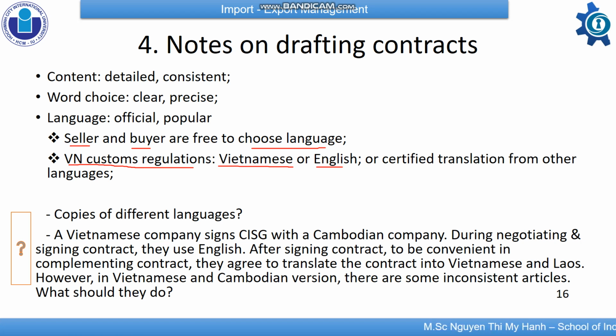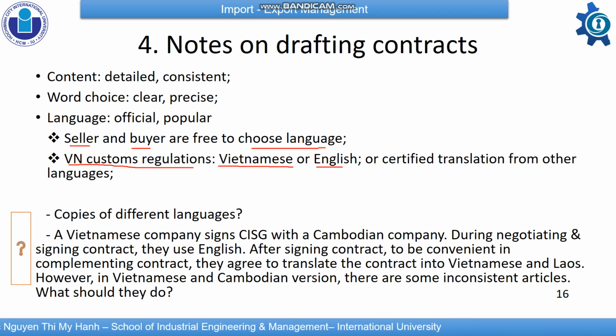The second question is, I give you an example. A Vietnamese company signs the CISG contract with a Cambodian company. During negotiating and signing the contract, they use English. And after signing the contract, to be convenient in implementing the contract, they agree to translate the contract into Vietnamese and Cambodian.